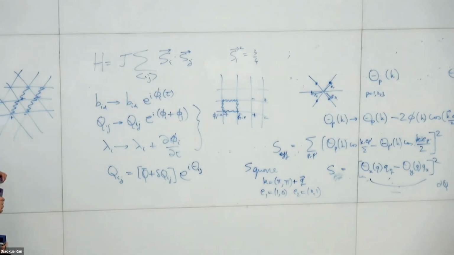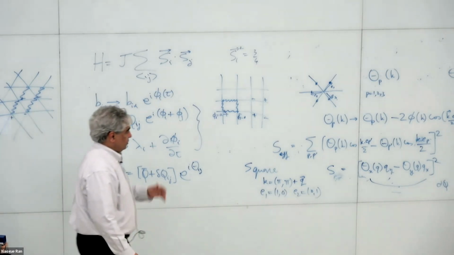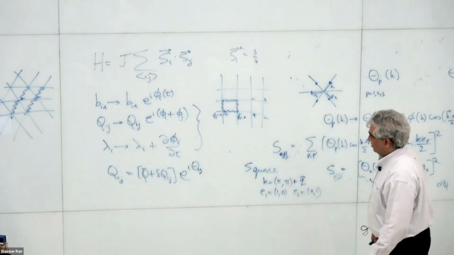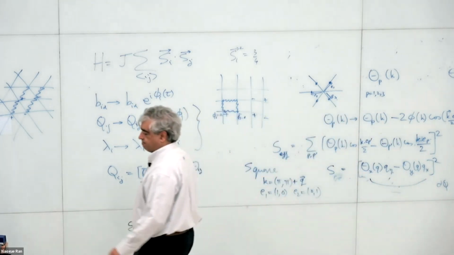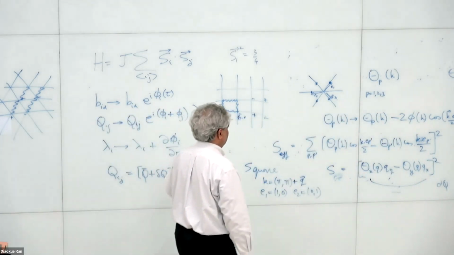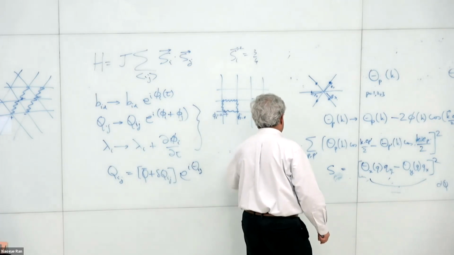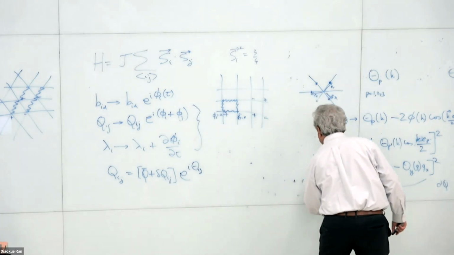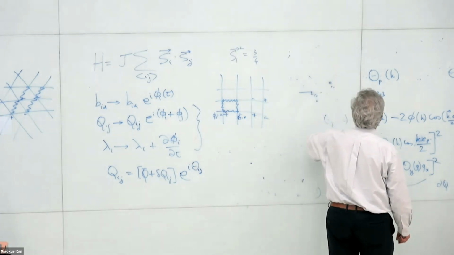Okay, but let's talk about the triangle lattice a bit more. This is where I shouldn't have erased all this stuff. If I go back, I integrate out the bosons on the triangle lattice, and I have an exact representation of the path integral.